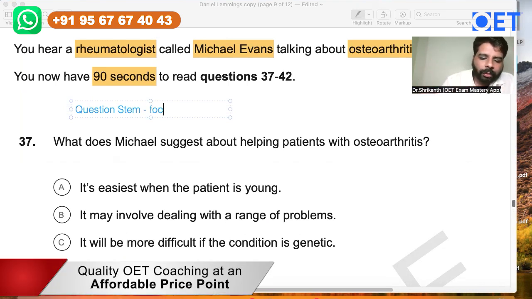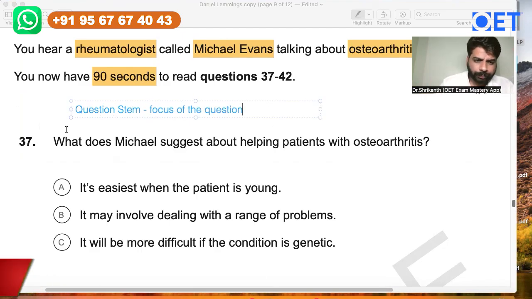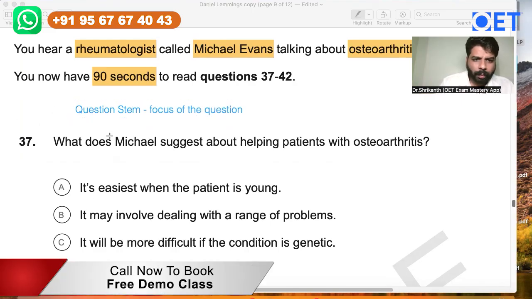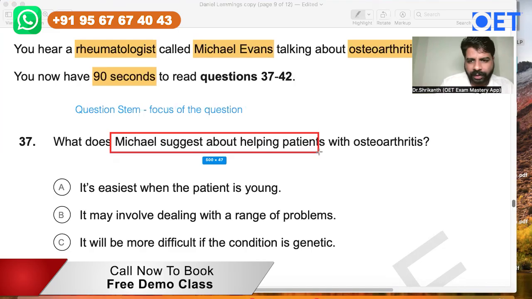That is the focus of the question. So what is the focus of this 37th question? It is, what does Michael suggest about helping patients with osteoarthritis?